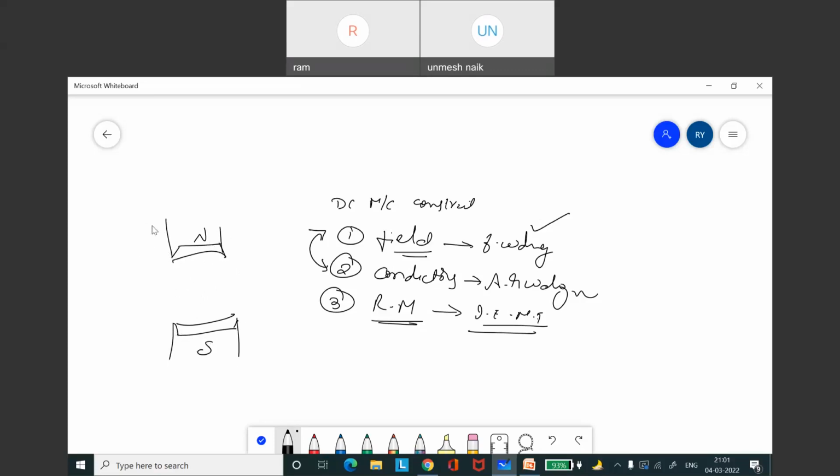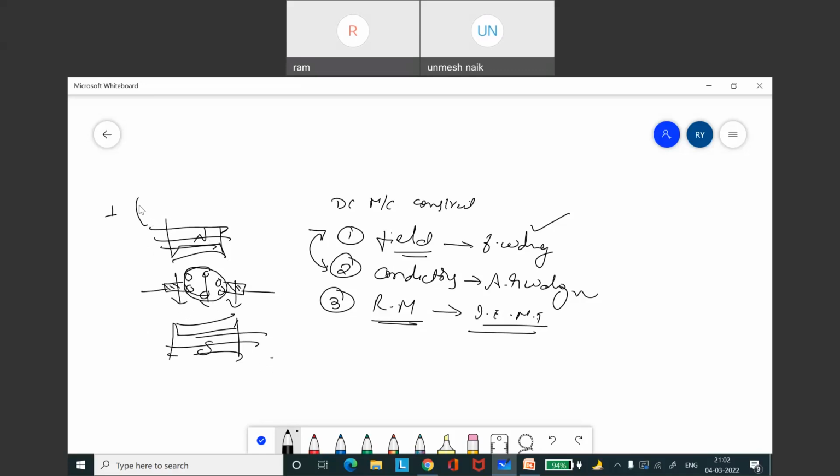This is our field winding, which creates the magnet. We have our armature, and the armature conductors. These are called brushes.